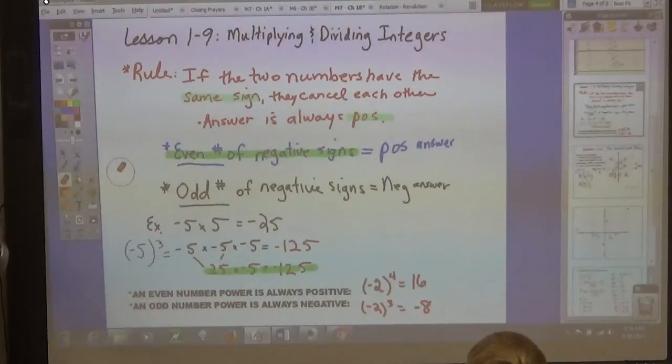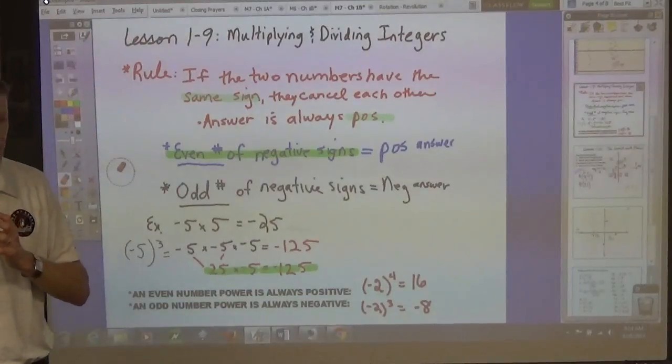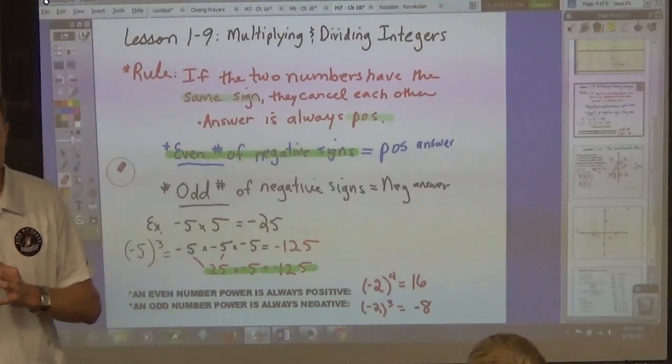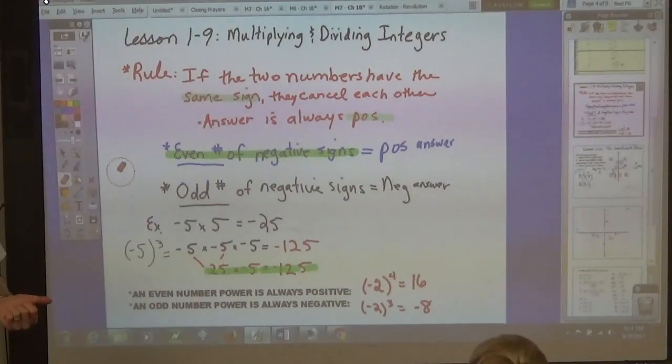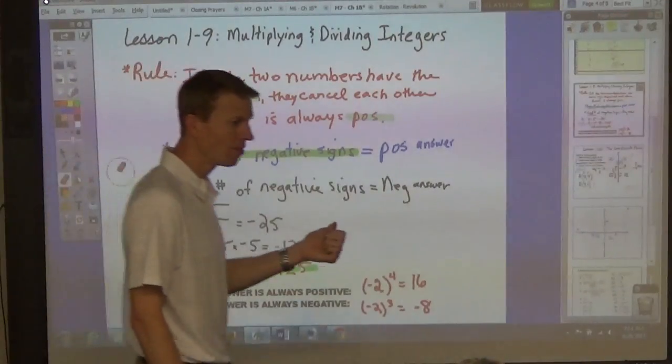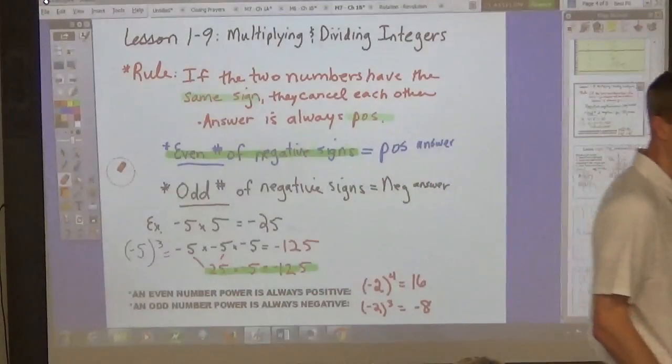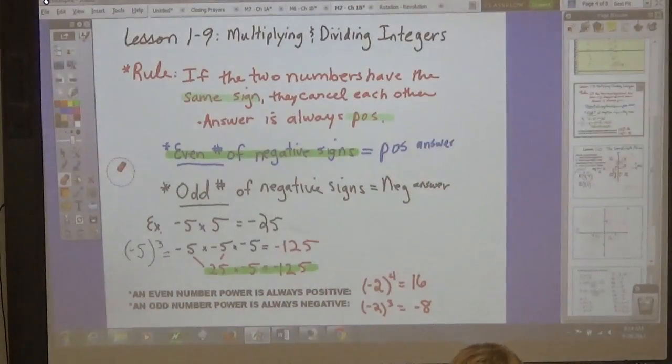So you already know the positives. If you're multiplying two positive numbers, like 5 times 5, that's just positive 25, right? You started learning that in 4th grade or 3rd grade. Or 25 divided by 5, if they're both positive, the answer is positive, okay?